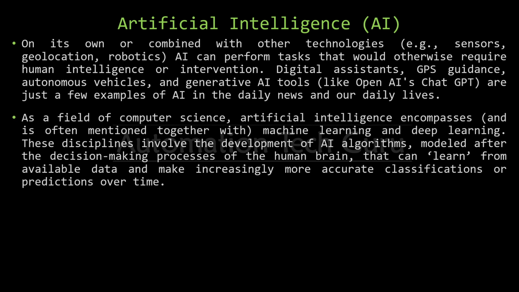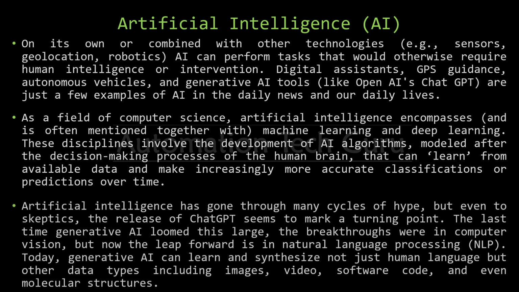As a field of computer science, artificial intelligence encompasses and is often mentioned together with machine learning and deep learning. These disciplines involve the development of AI algorithms modeled after the decision making processes of the human brain that can learn from available data and make increasingly more accurate classifications or predictions over time.